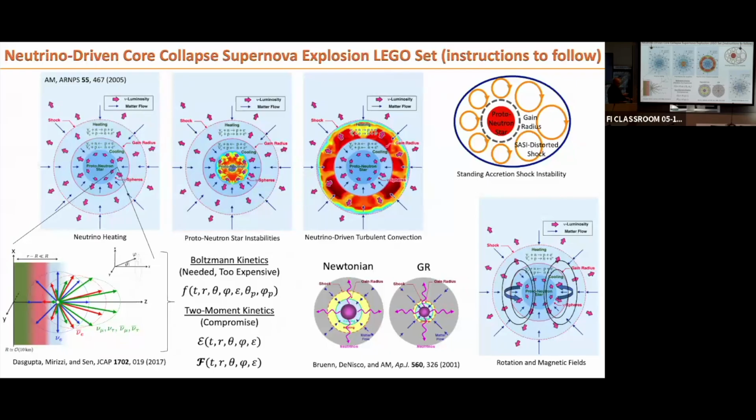So this protoneutron star has a cold inner core and a hot mantle. And due to the hot mantle, we have basically the production of all three flavors of neutrinos at this point, electron, muon, and tau neutrinos, and their antineutrino partners, not just electron neutrinos.